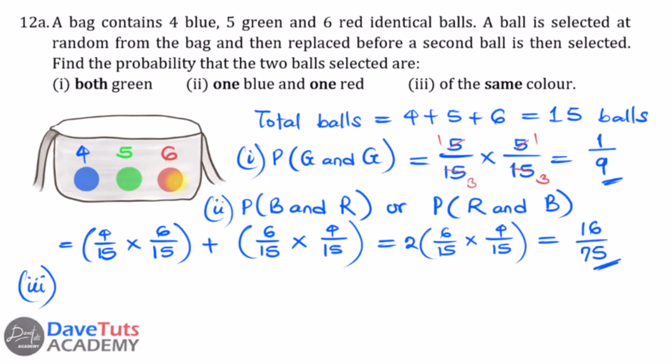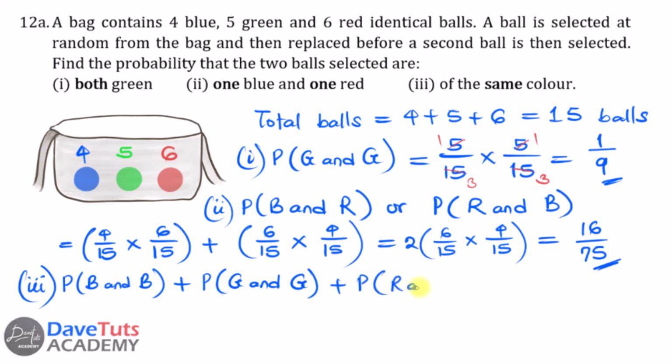In the third case, we are picking red and red. So we have the probability of blue and blue, plus the probability of green and green, plus the probability of red and red. So this is what we actually need to work with.